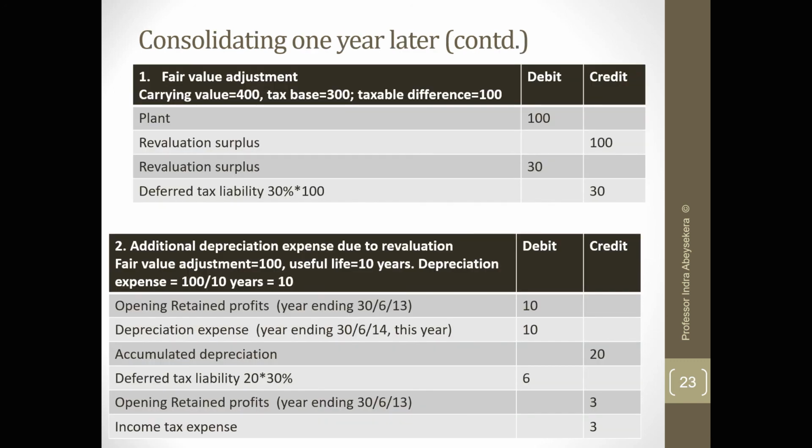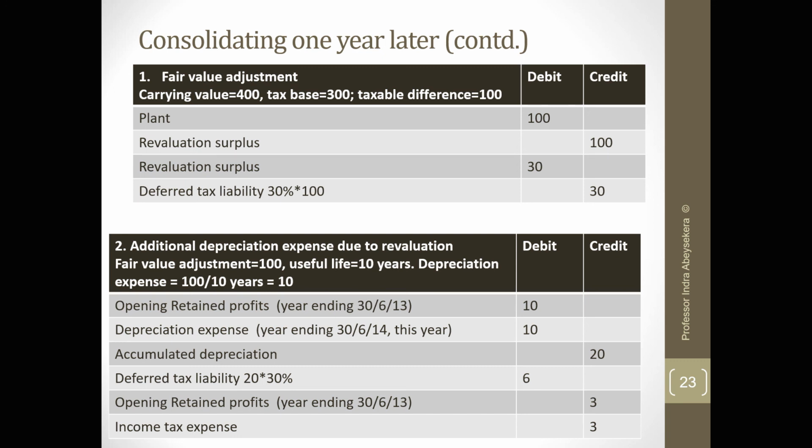So the first is fair value adjustment. Debit plant, credit revaluation surplus 100 and 100. Then the tax effect, credit deferred tax liability, debit revaluation surplus 30 and 30. There's now additional depreciation we need to account for. 2 years have passed.